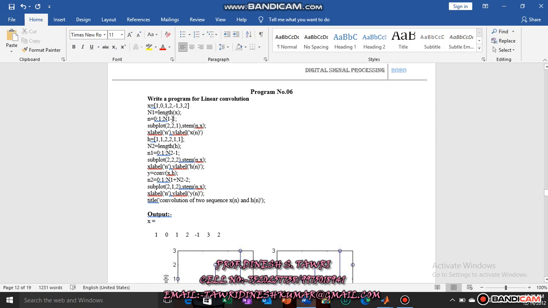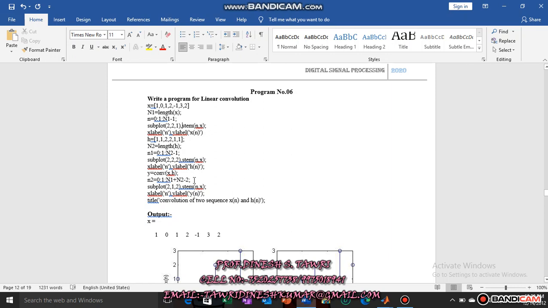The minus 1 from n1 will be added here, and the next minus 1 from n2 will be added again, so it gives rise to minus 2 here. So you have to write n2 equal to 0 colon 1 colon n1 plus n2 minus 2, followed by the semicolon.